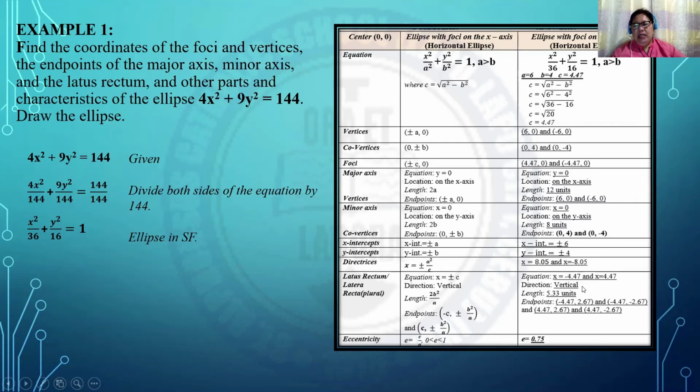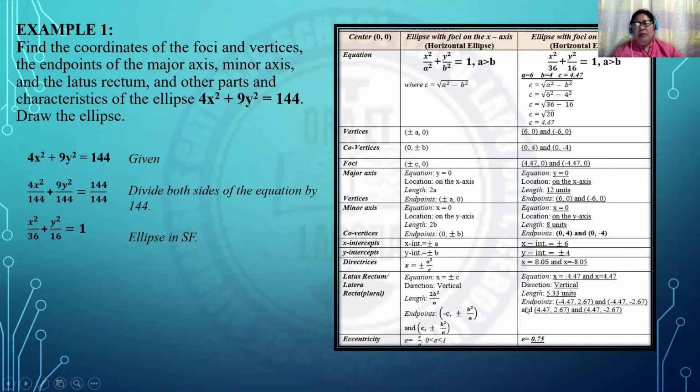The direction is vertical. And the length of the latus rectum is 5.33. All you have to do is to substitute the value of b and the value of a. So this is 2 times the square of 4 over 6, and it will give you a result of 5.33.